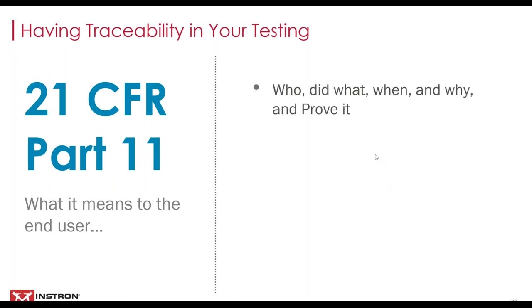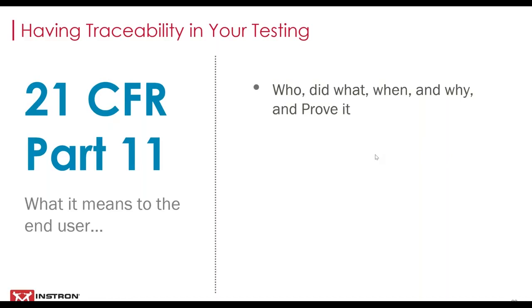From my understanding of working with customers and talking to FDA auditors, it's really quite simple. People want to know who did what, when, and why in the software, and have the ability to prove it. And why this focuses on the software is because it's related to electronic records.